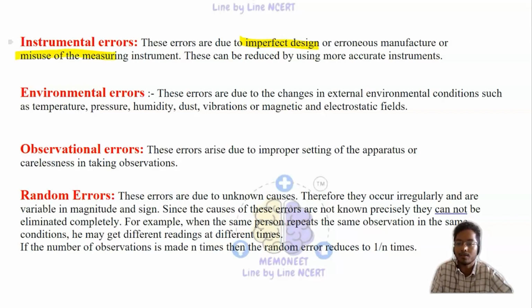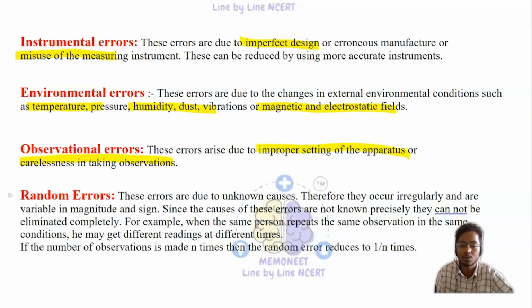Next are environmental errors, which arise from any condition, such as a rise or loss in temperature, increase or decrease of electromagnetic fields, dust, or vibration. And observational errors come from improper setting of the apparatus or carelessness in taking observations.